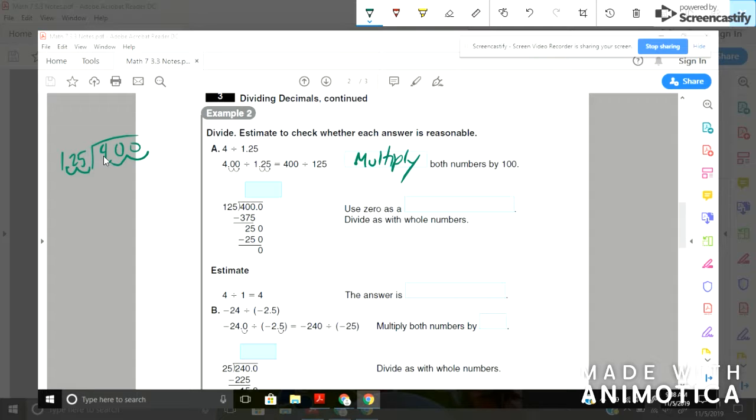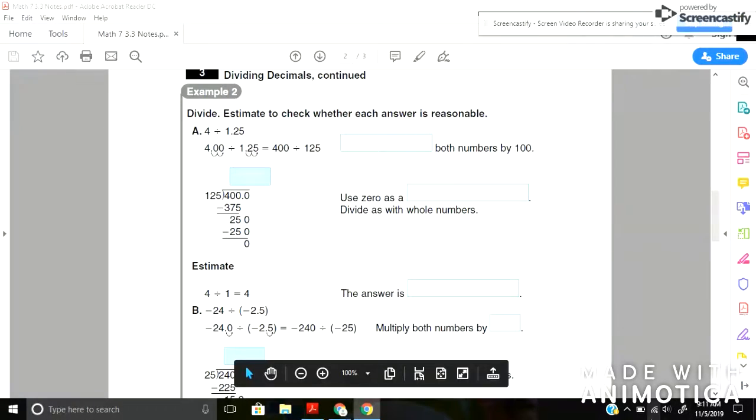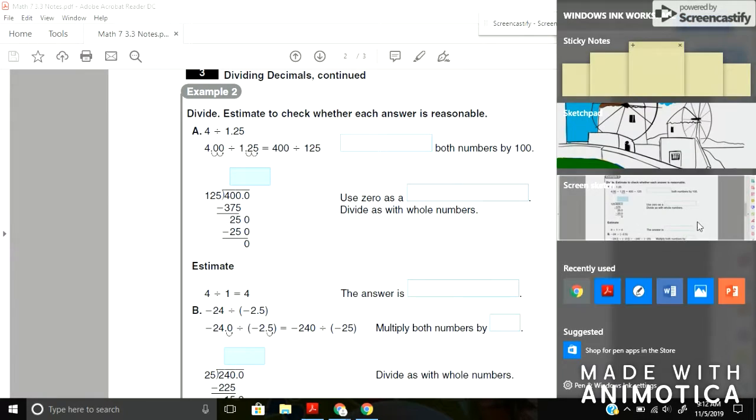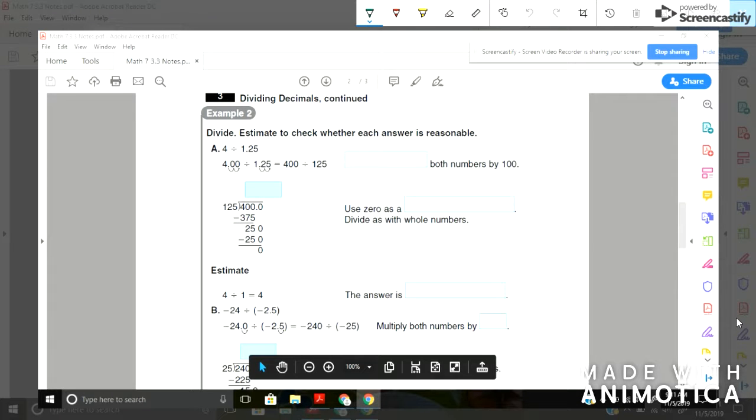Okay. Again, you might need to use zeros as placeholders when you're dividing, just like you would with regular division. All right, 125 goes into 400. That would be 3 total times.